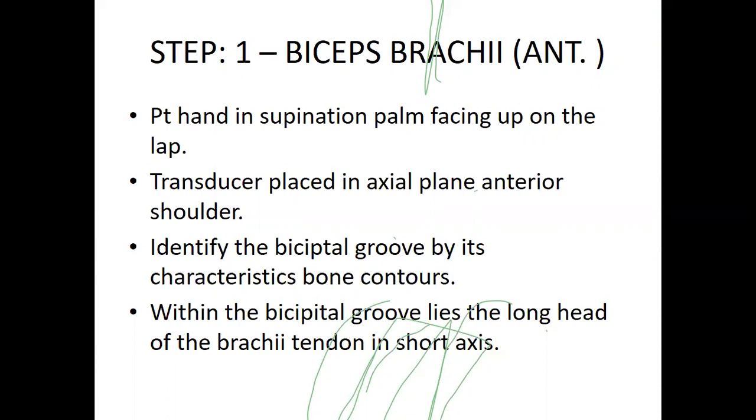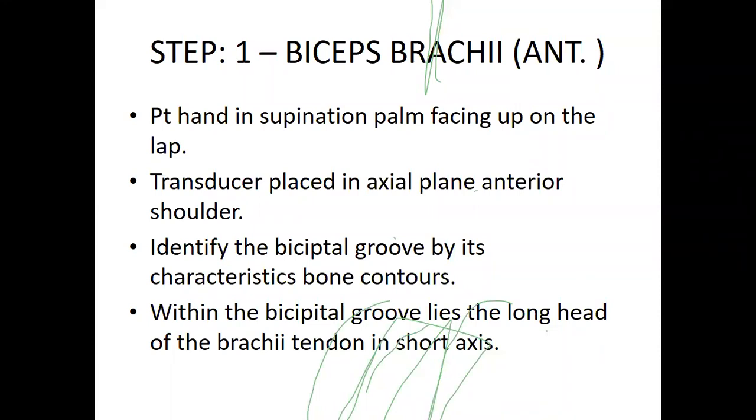One clear thing that you are going to identify the moment you put your probe anterior to the proximal portion of the humerus is the bicipital groove, which is the depression around the humeral head. Within the bicipital groove lies the long head of the biceps brachii tendon in short axis.